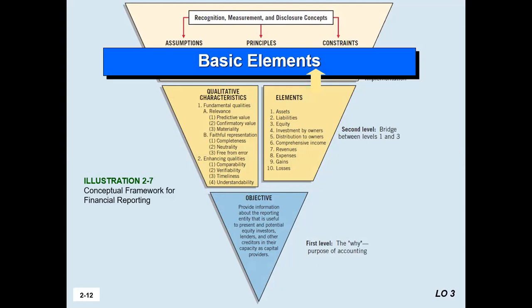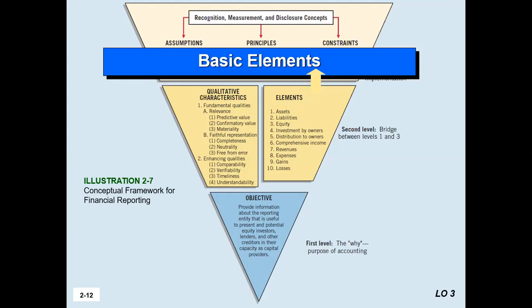So I know from principles of accounting, we talk about assets, we talk about liabilities, we talk about equity, we talk about investment by owners, we talk about distribution to owners, right? Owners' drawings, owners' withdrawals. We do not, in principles of accounting, discuss comprehensive income, so that is a new one to you.